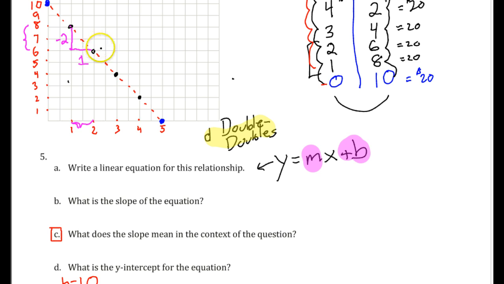So as I mentioned before, going down 2 and right 1. Down 2, right 1. My slope is -2. That makes my equation y equals -2x plus 10.